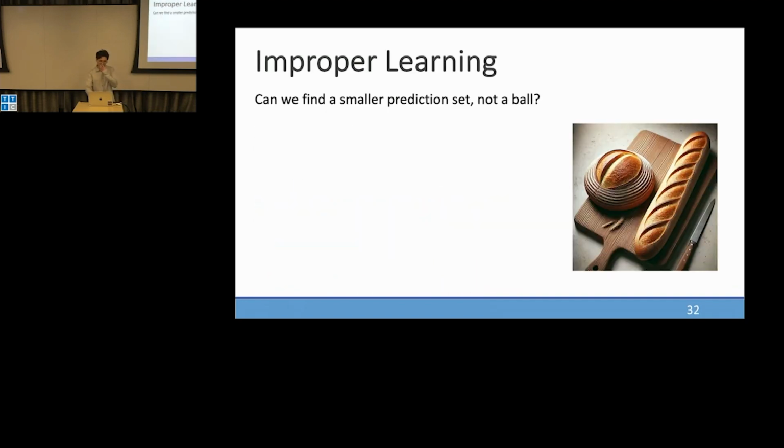And finally, what if we are not considering a ball? Can we find some other smaller prediction set that is comparable to the best ball? In reality, we usually feel a long baguette is much smaller in terms of volume than a round sourdough.